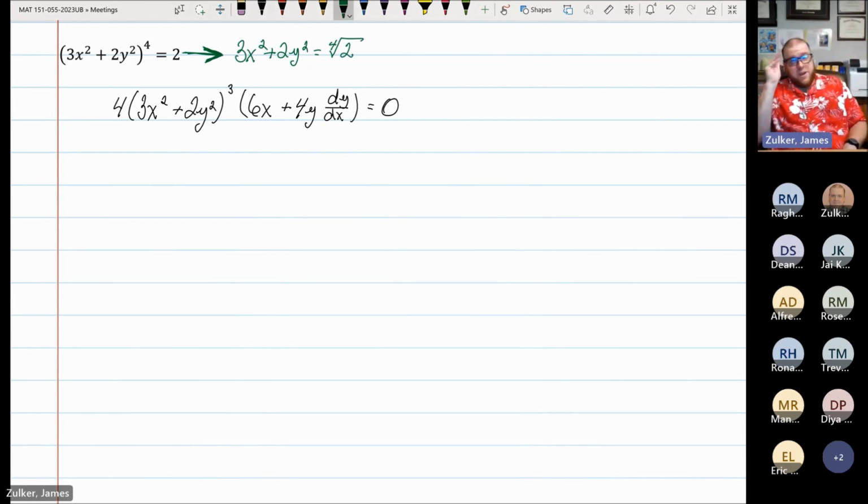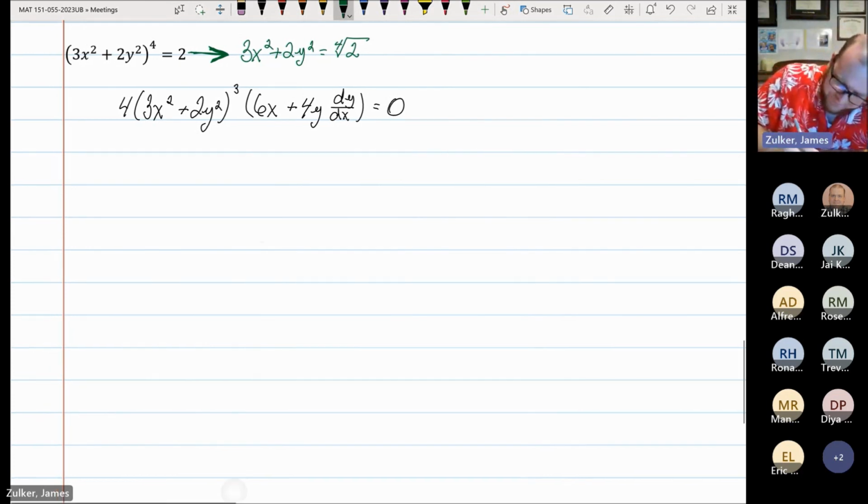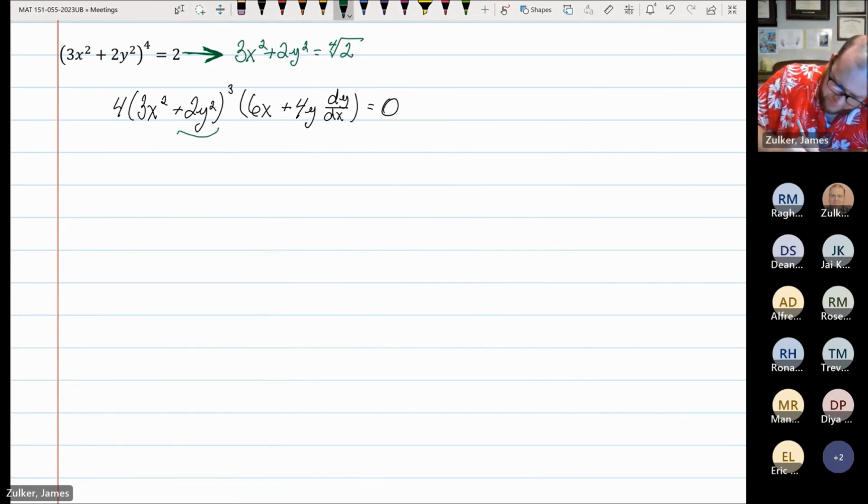If you look at the original equation, wouldn't that imply that 3x squared plus 2y squared is equal to the fourth root of 2? Which means that term would be 2 to the 3/4, or the fourth root of 8. Which is constant, right?